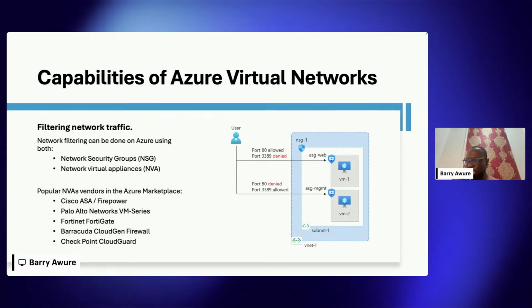So virtual network appliances like the Cisco ASA or the Cisco Firepower, like the Palo Alto Networks and the Fortinet FortiGate, all these can also be deployed on Azure, even as you use them on-prem.